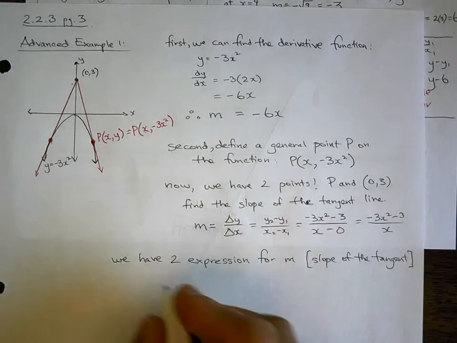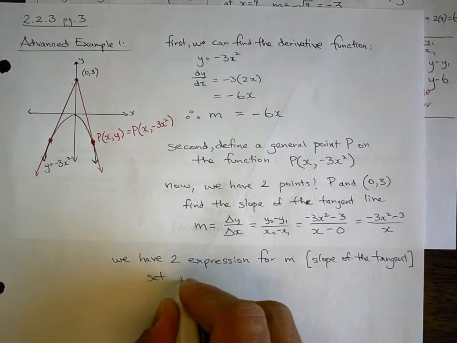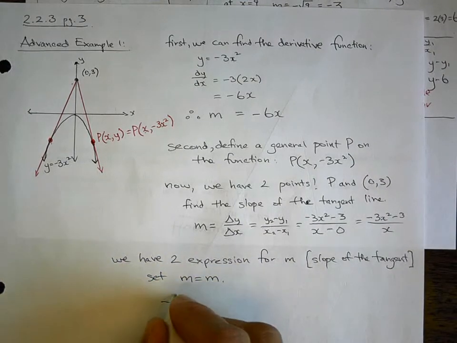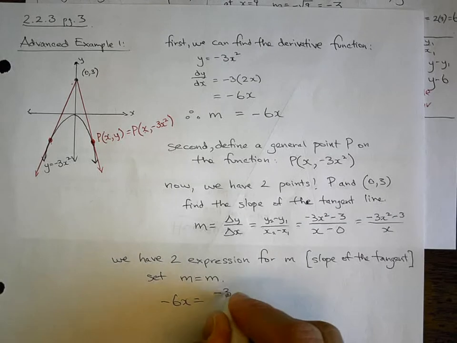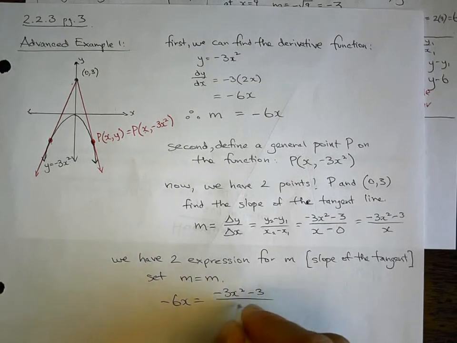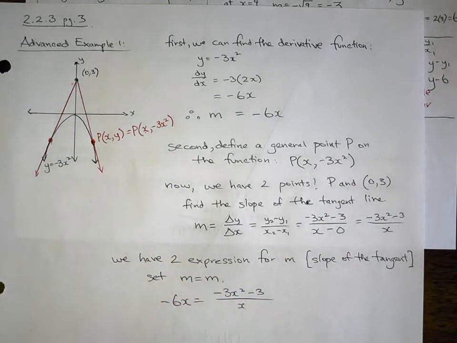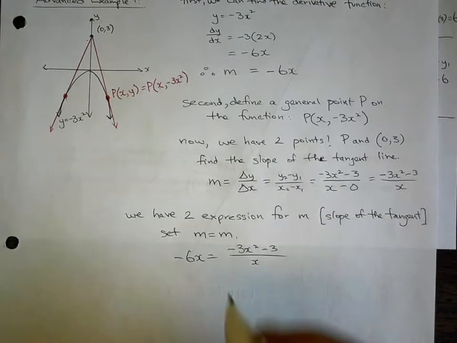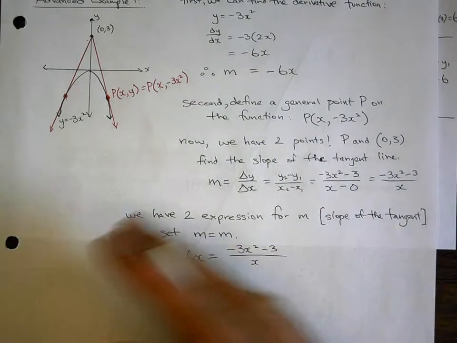So set m equal to m. So I have negative 6x is equal to negative 3x squared minus 3 over x. Oh, this is great. Now I have a situation where I have an equation and only one unknown. So using math, I should be able to solve this.